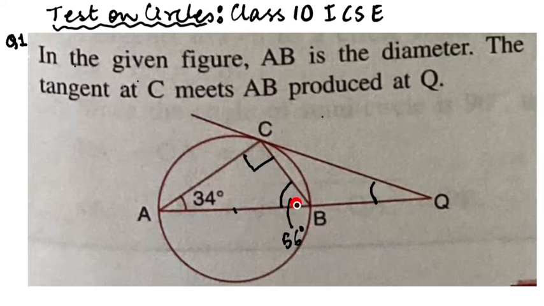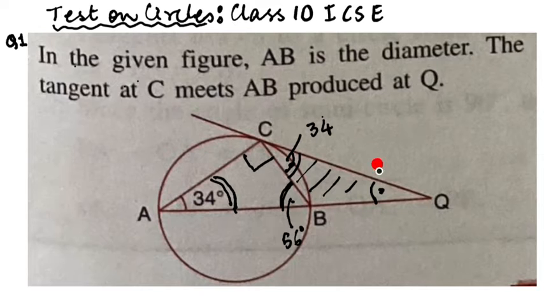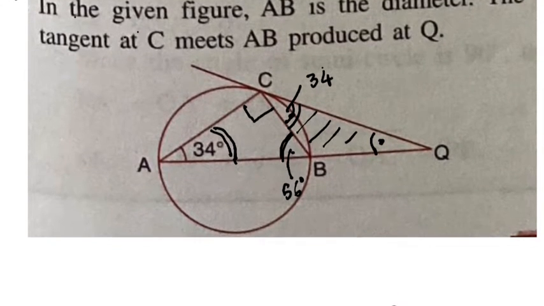All right, this one and these two angles are linked because for this triangle we have this 56 as the exterior angle, and this angle is going to be equal to this angle, which I'm going to show with a double ring, and this one also. This is your alternate segment theorem, and then we'll find our CQB. So let us see how we start writing the steps.